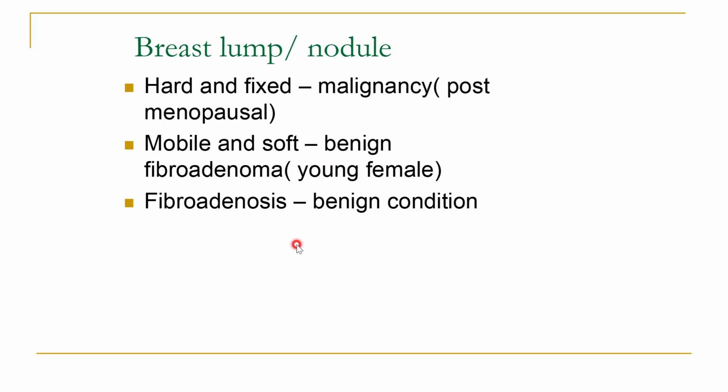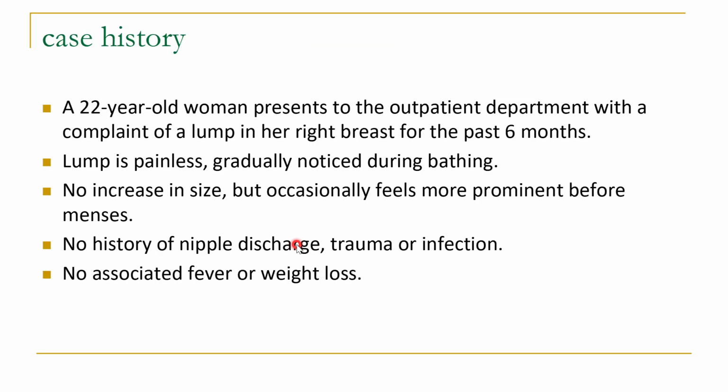And fibroadenosis is a benign condition. So always don't think that if there's a lump, it is a malignancy. We have to do the tests, we have to do the mammogram, we have to do the FNAC and diagnose it, and only then can we tell whether it's a malignancy or a benign condition.